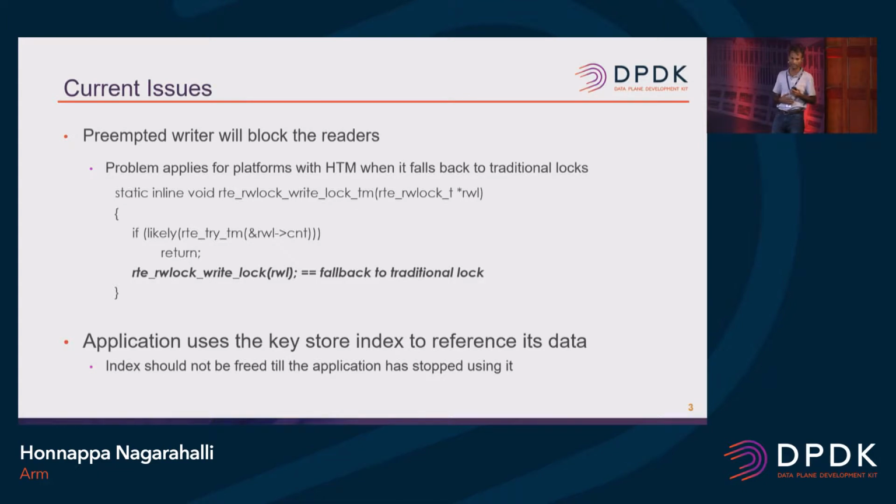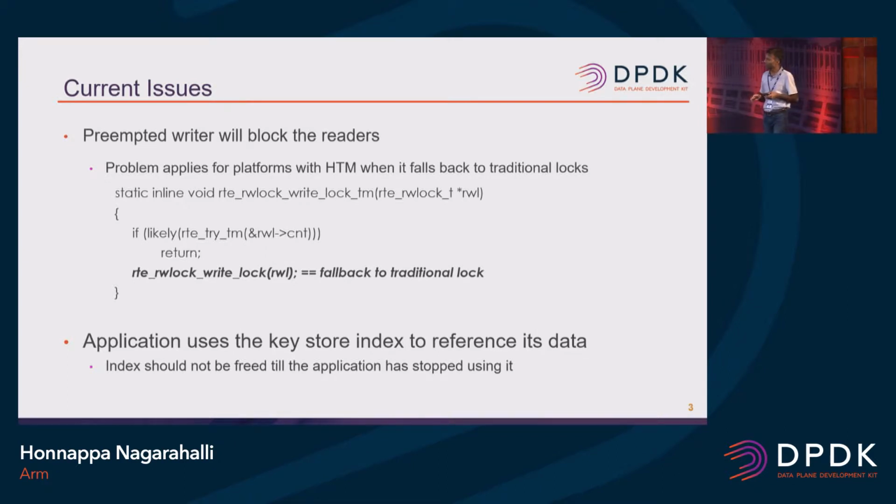The other thing that I saw is, I'm not an expert on transactional memory, but based on the code that I see in DPDK, sometimes it falls back to using normal reader-writer locks. So what that means is this preemption problem applies for transactional memory as well. I might be wrong, but this is just based on what I see in the code.